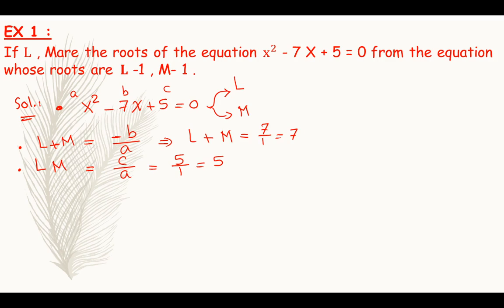But this is the sum and the product of the two roots for the given equation. Okay? But we want to form a new equation. So we are going to talk now about the new equation.